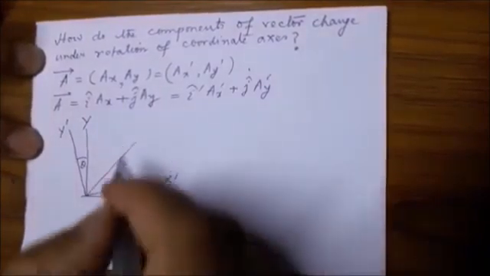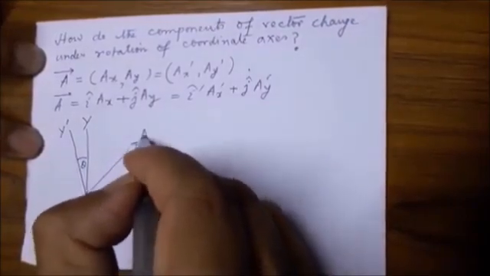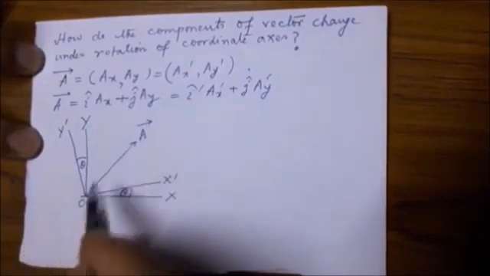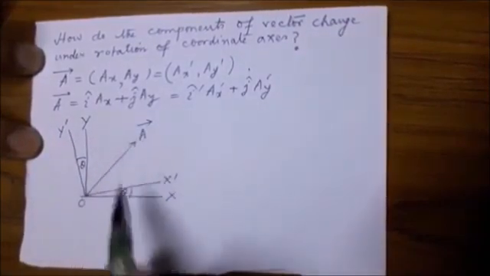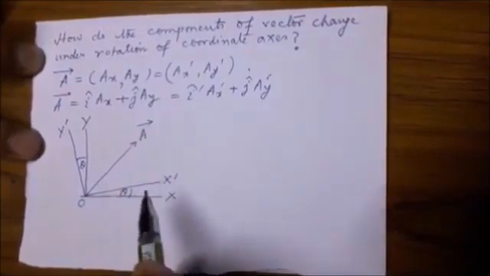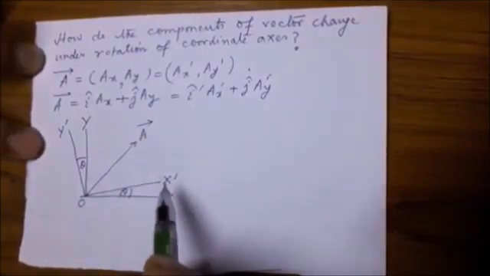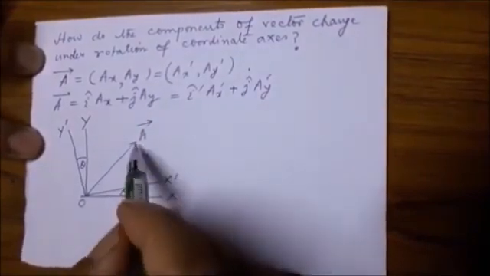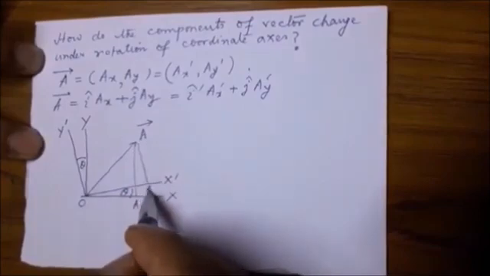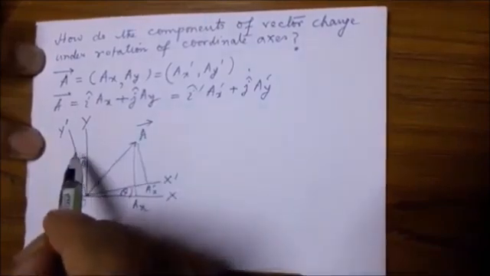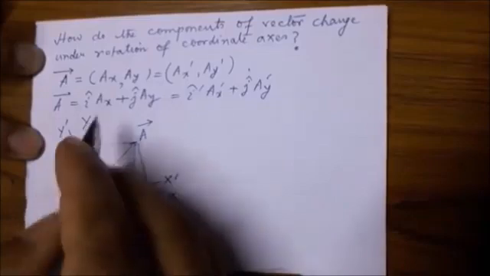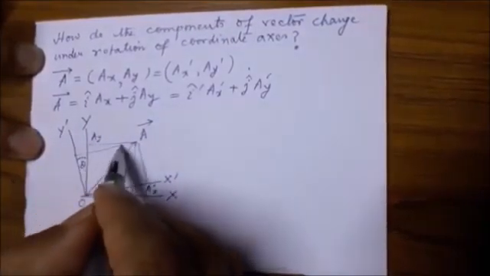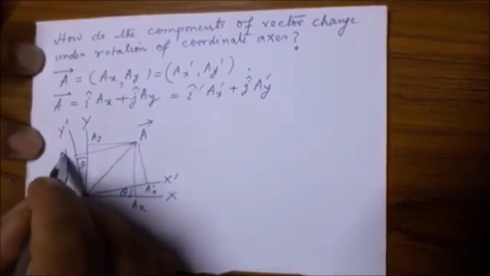Now this is the vector under consideration, and let us call it vector A, and O is the origin. Let us show the projections. So this is AX and this is AX prime. This is AY and this is AY prime.